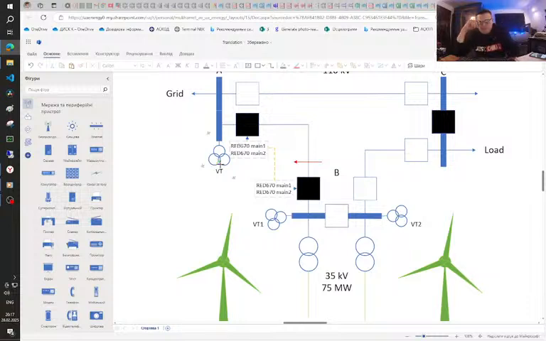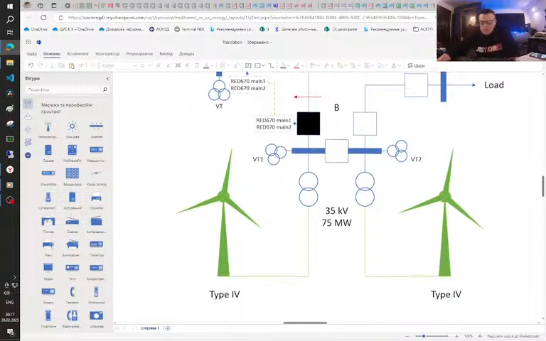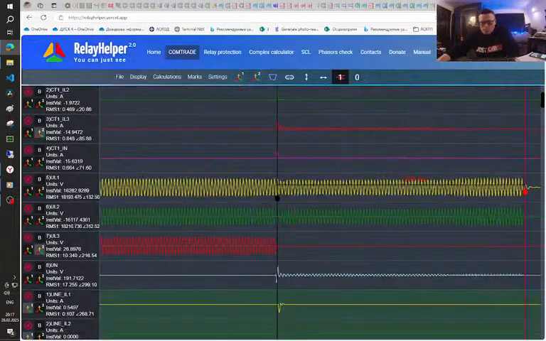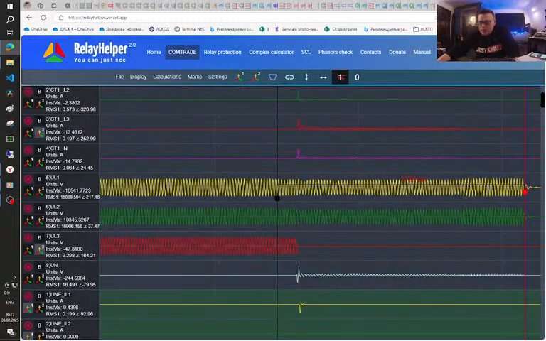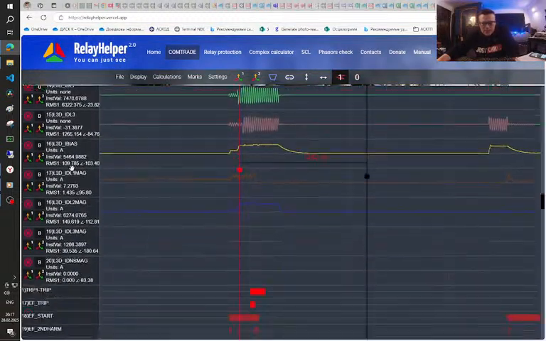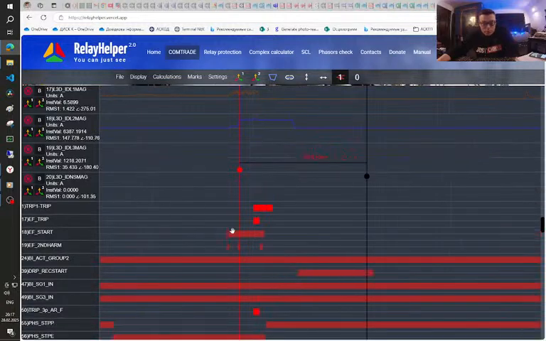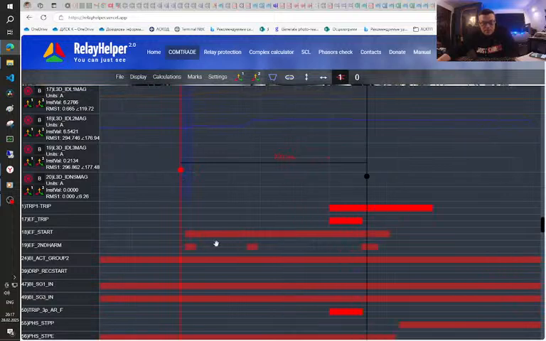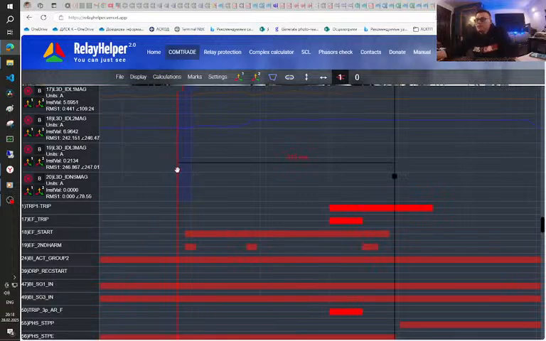What more? Because I'm working on a team, I see some problems, and sometimes I can fix them, but in this particular case I can't fix the second harmonic blocking, because in my company I just investigate faults, I don't calculate settings.